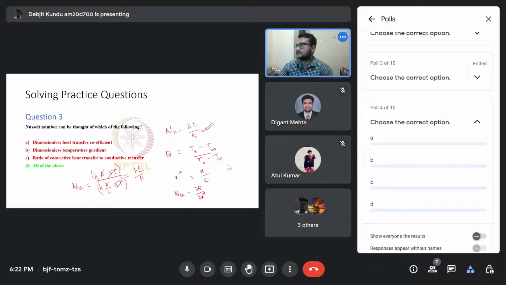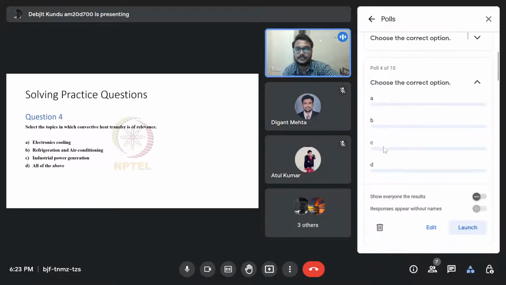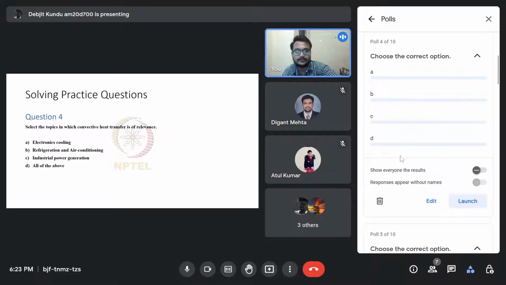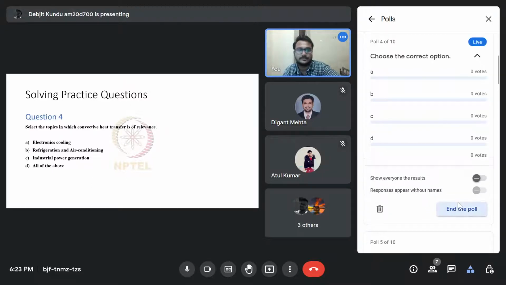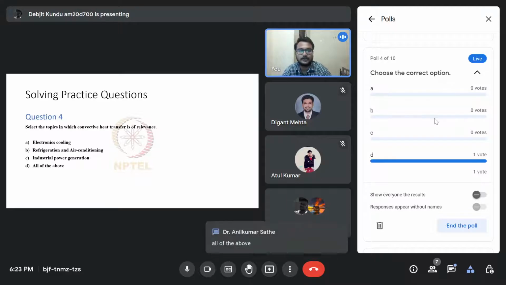Okay, I'm sorry for that. So this is question number 4 for today's session, and it says select the topics in which convective heat transfer is of relevance. Is it option A, electronics cooling? Is it option B, refrigeration and air conditioning? Is it option C, industrial power generation? Or is it D, all of the above? Once again, the poll is live. Once you have read the question carefully and figured out the correct solution, you can put in your response in the poll.